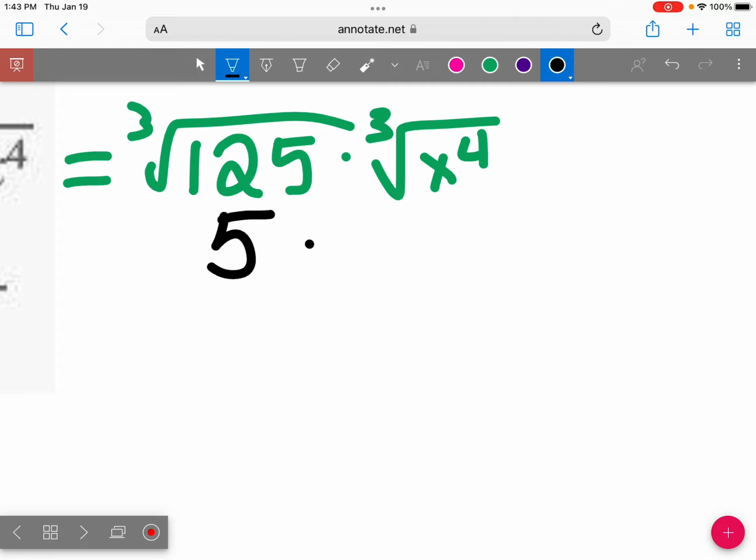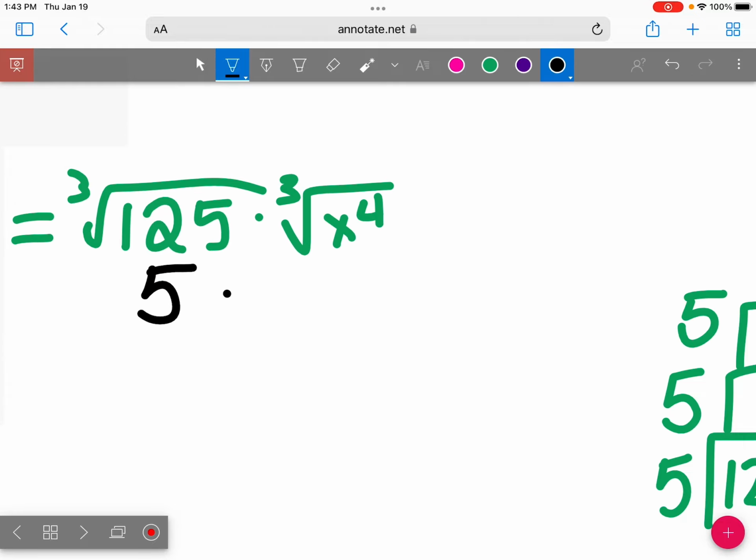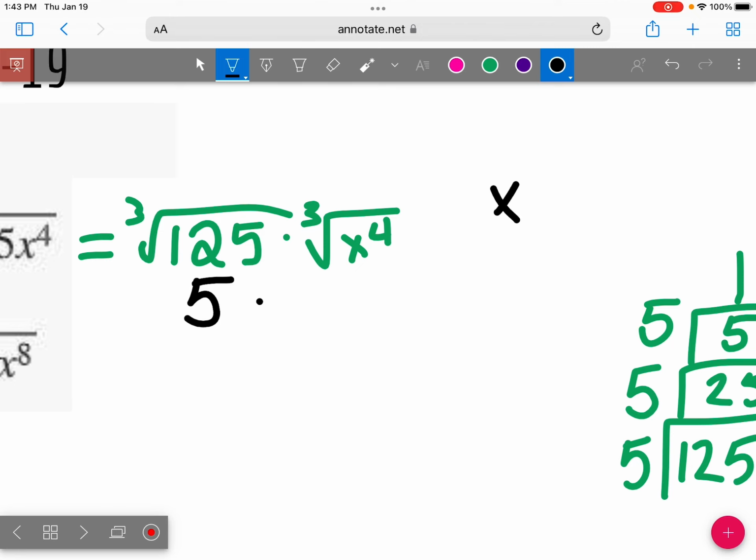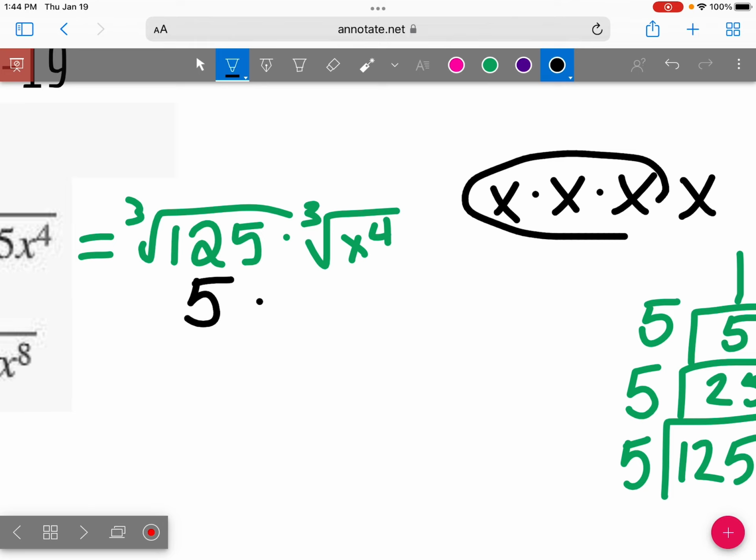And then our x to the fourth, our cube root of x to the fourth. X to the fourth is x times x times x times x. What can we pull out for a cube root of x to the fourth? 3 x's. Yep. So this is x to the third, right?